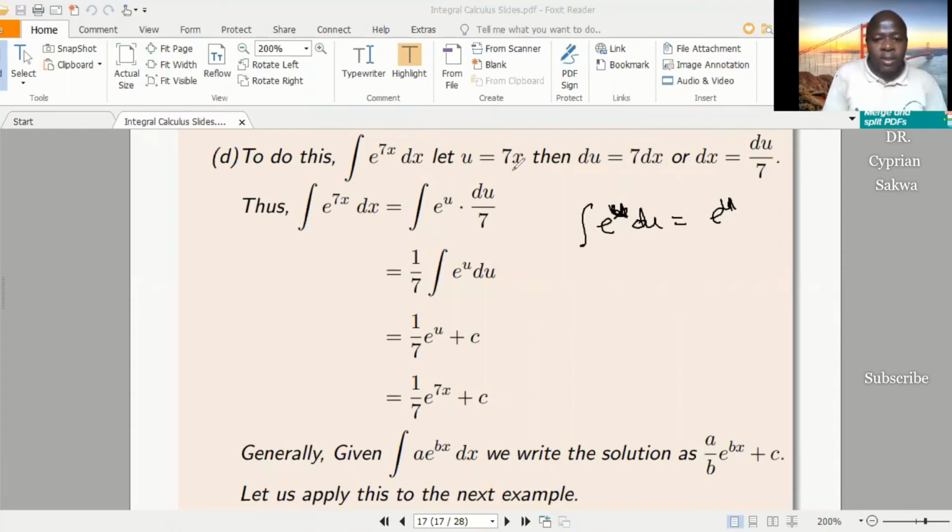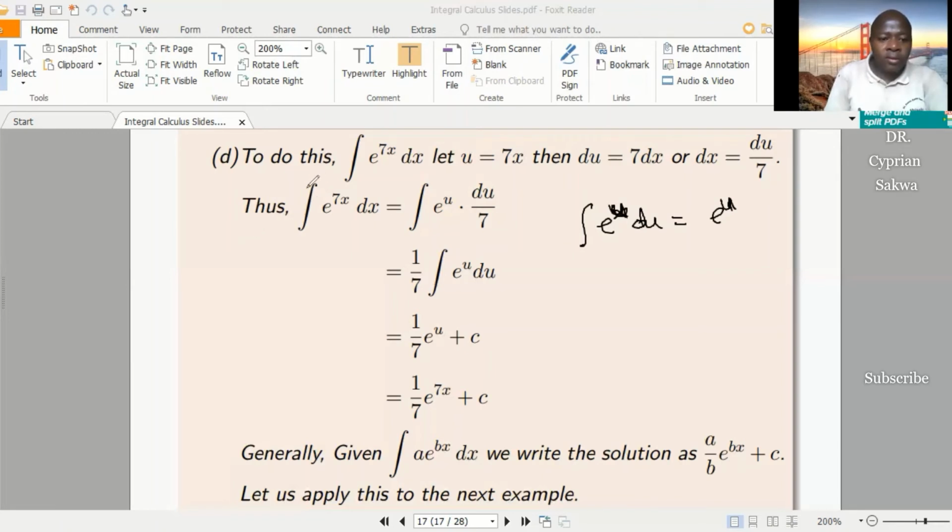So if u is 7x, then differentiating on both sides, the left side will give me du, and the right side will give me 7dx. Then divide both sides by 7 to make x the subject of the formula. That means x is equal to u over 7.